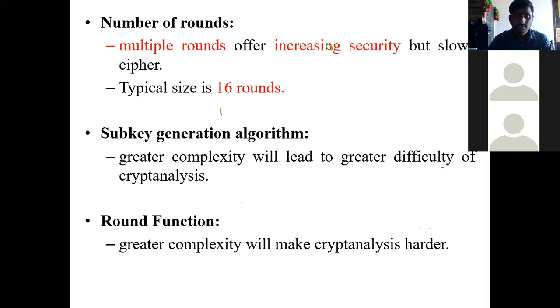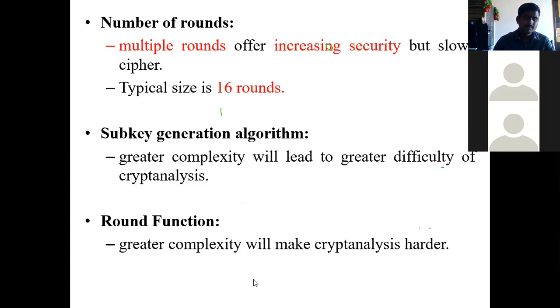For n rounds, we need n keys, and these are produced by the subkey generation algorithm, which is very essential. And then the next one is the round function.